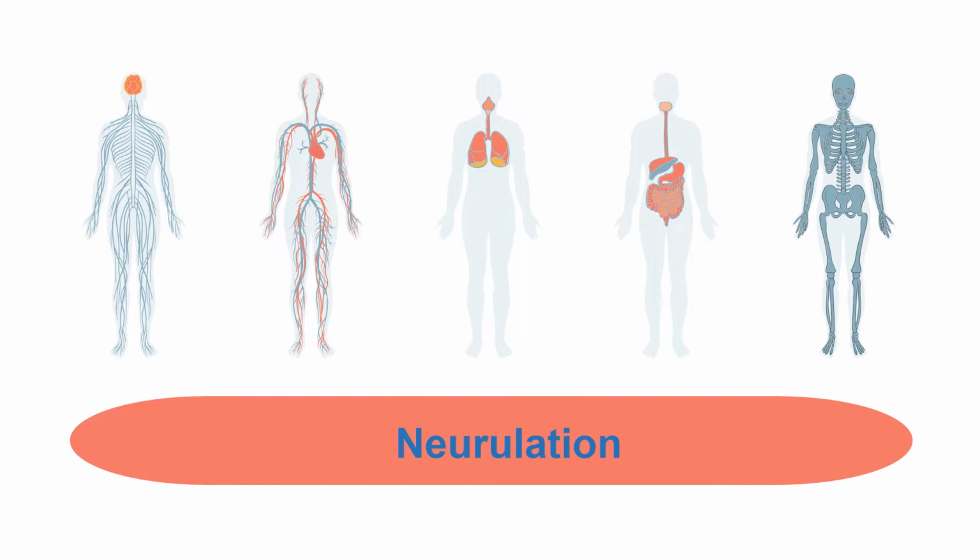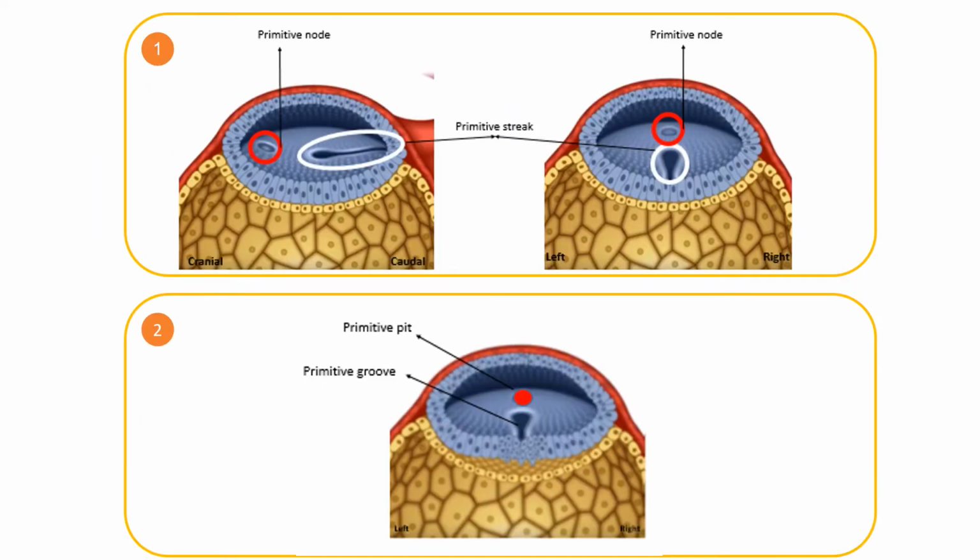All right? Okay, so let's begin by going back to the bilaminar disc. Let's see if you remember the bilaminar disc. If we look at image one up here, you notice these two layers, right? You have the epiblast layer and the hypoblast layer.